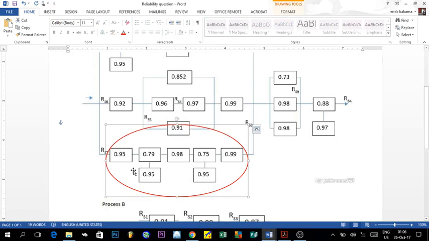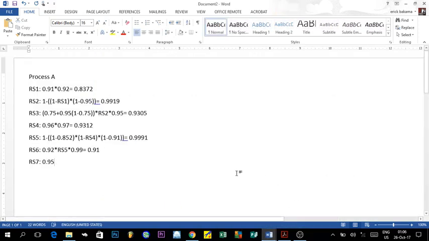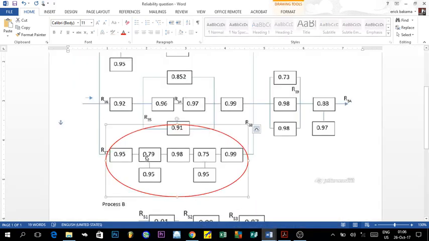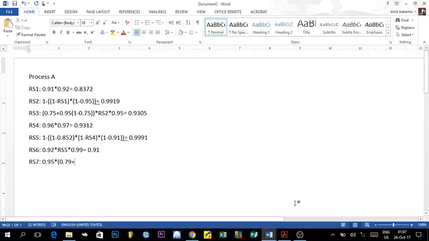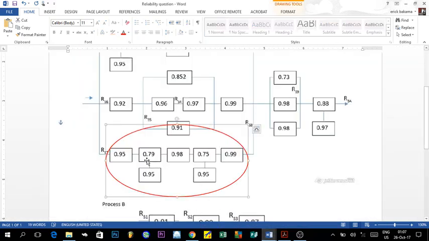The 0.95 is this first part, times, we open our bracket, 0.79 plus 0.79 is the main component, its probability to work, plus the probability of using the second, 0.95, times the probability of the main component to fail, which is 1 minus 0.79. Then we just put this one and this one.